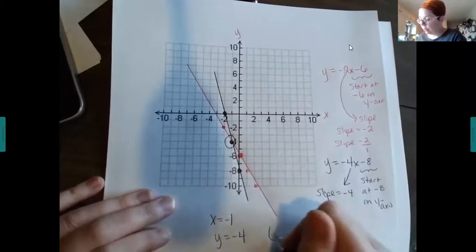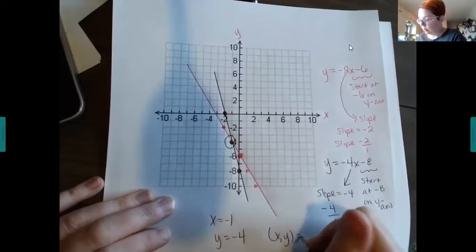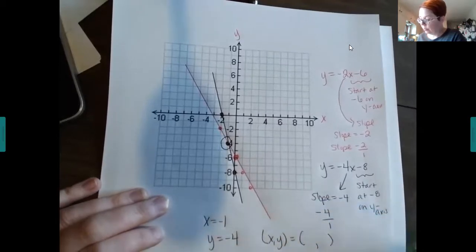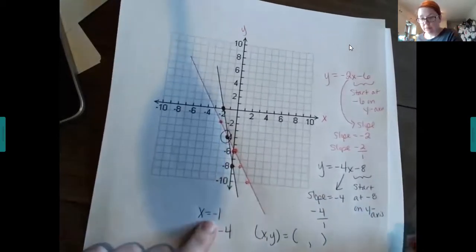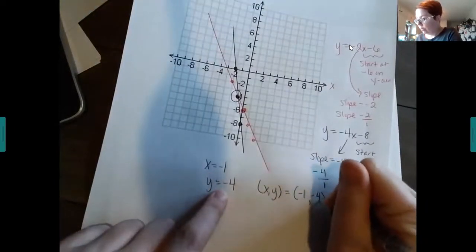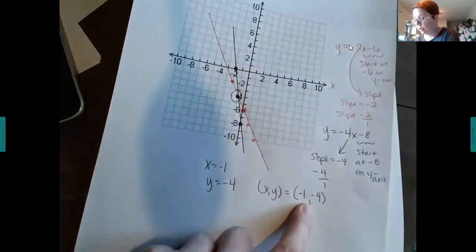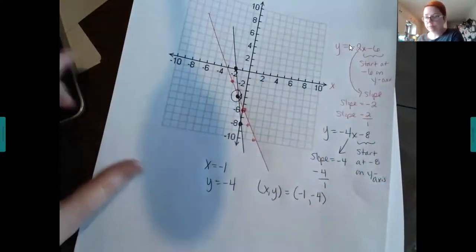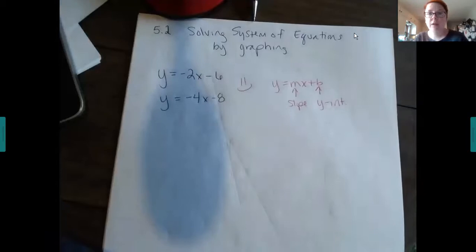So I believe they do something like this. And then they like bloop, bloop, like that. So our x value is negative 1, and our y value is negative 4. It's that point of intersection. Not too bad, right? Okay.